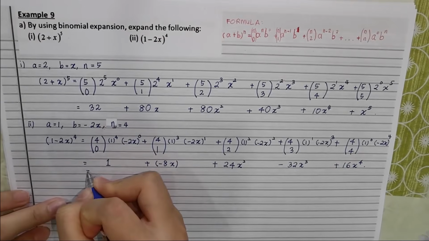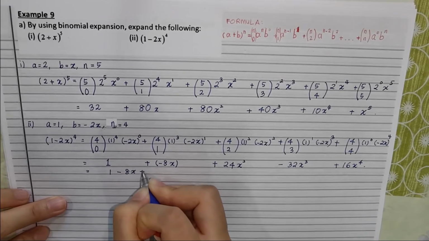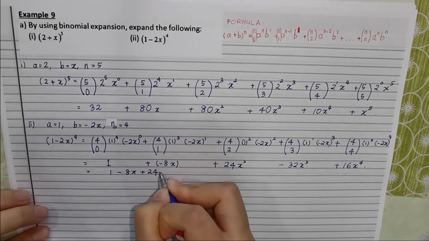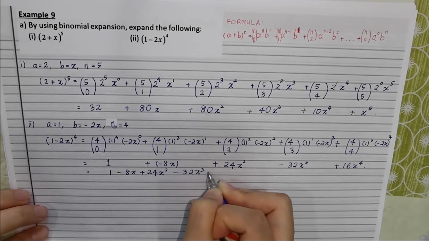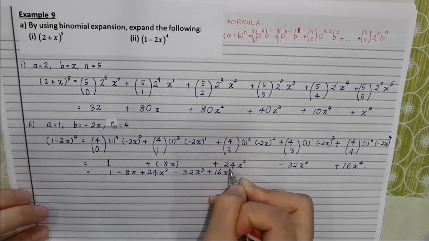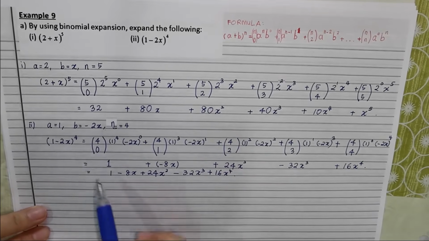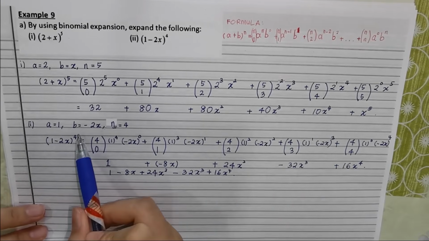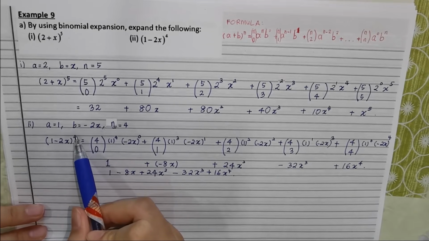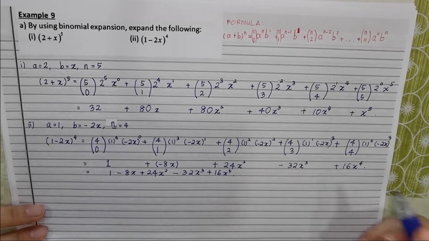Let's simplify the answer: 1 − 8x + 24x^2 − 32x^3 + 16x^4. We can check that the number of terms must be the exponent plus 1. Since we have power 4, we should get 5 terms: 1, 2, 3, 4, 5. So this is correct.